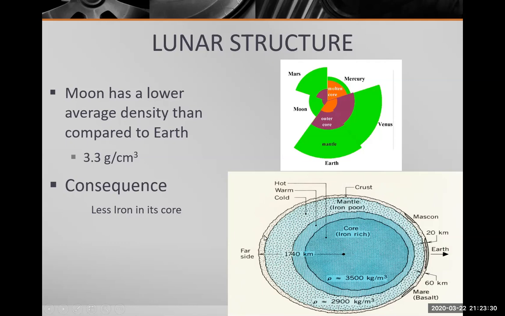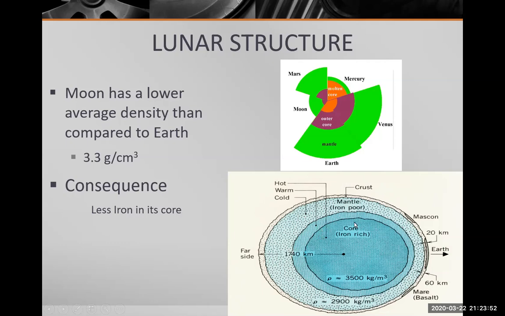We can see that the moon has a crust. We can see that the moon has a mantle, again shown in this green color. And the moon does have a core, but admittedly, its core doesn't have a distinction of inner and outer. It turns out that the moon's core is just a single entity, so to speak. Now, this picture here designates temperature regions, cold, warm, and hot.